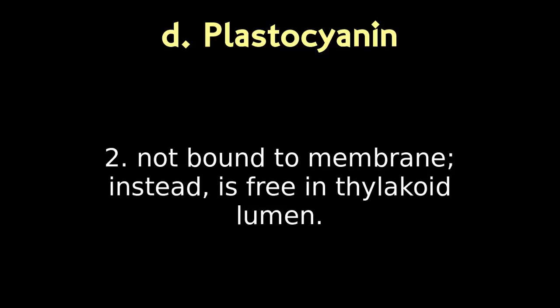Now, plastocyanin is interesting. I talked about earlier that not all of the items in the electron transport chain for photosynthesis are actually bound in the membrane. And this is what I was talking about. Plastocyanin is free in the thylakoid lumen.